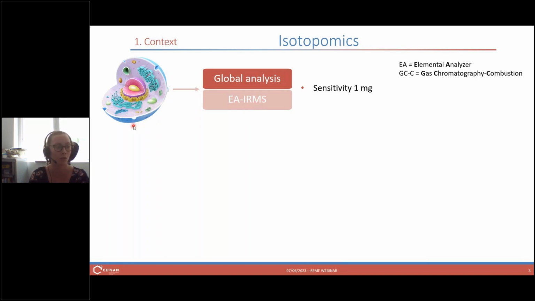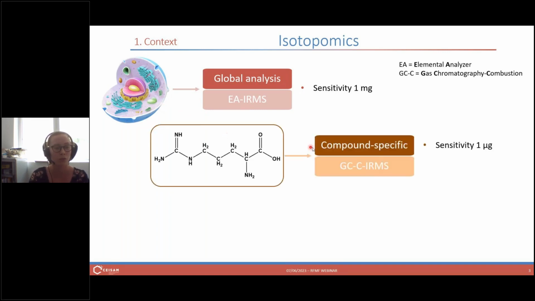Here you obtain the global composition of a mixture, so all the carbon-13, for example, in a mixture. Then you can do compound-specific isotope analysis by GC-C-IRMS, so gas chromatography combustion IRMS, and you measure the total isotope composition in one molecule.